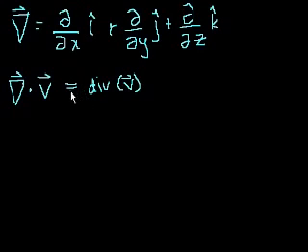And this should be a little bit intuitive to you at this point, because you might want to review our original videos where we compared the dot product to the cross product, because the dot product was how much two vectors move together. So when you're taking this del operator and dotting it with a vector field, you're saying how much is the vector field changing, right? All a derivative is, a partial derivative or a normal derivative, it's just a rate of change. Partial derivative with respect to x is rate of change in the x direction.